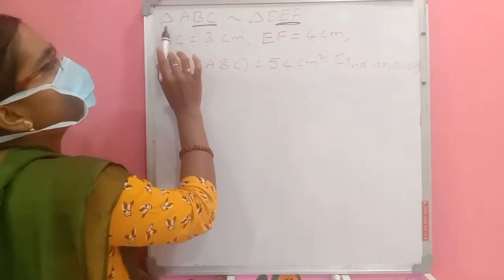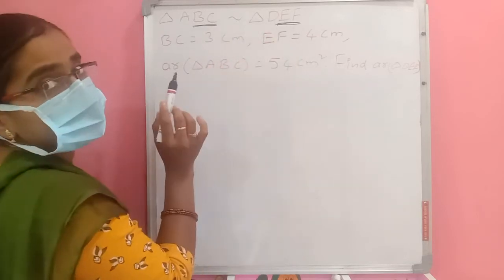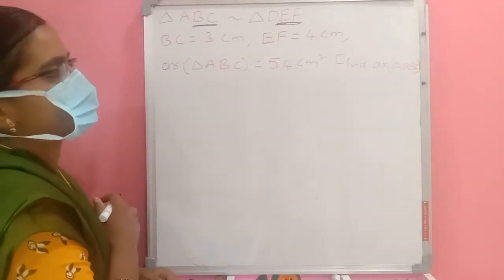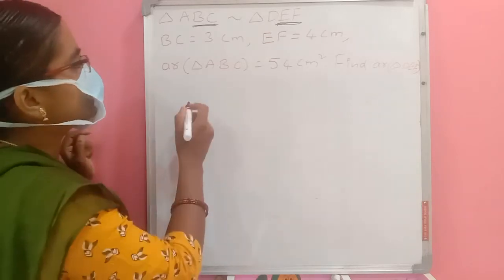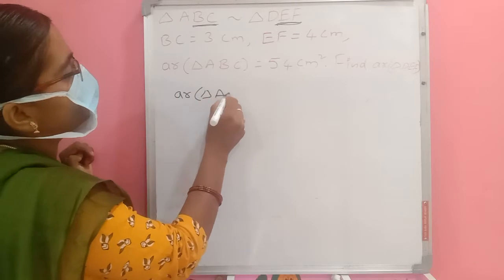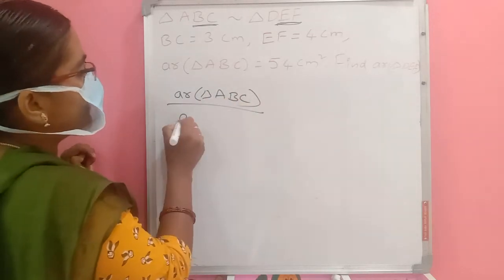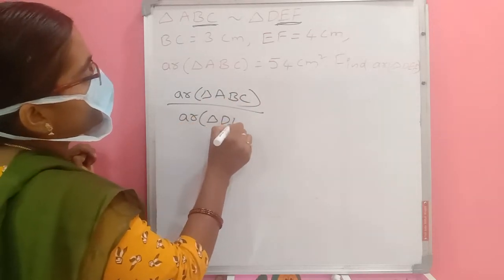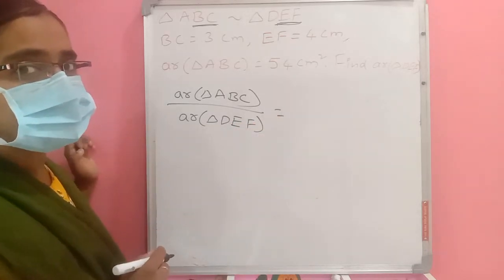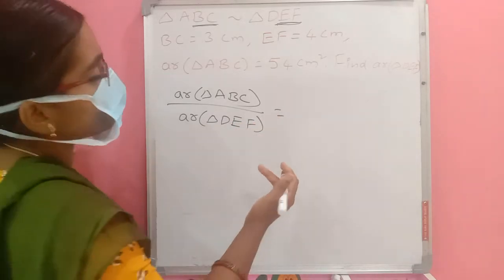Look here, triangle ABC is similar to triangle DEF. This means BC and EF are corresponding sides. When these two are corresponding sides, we know that area of triangle ABC by area of triangle DEF is equal to the ratio of the squares of corresponding sides.